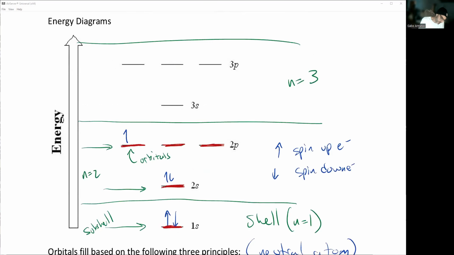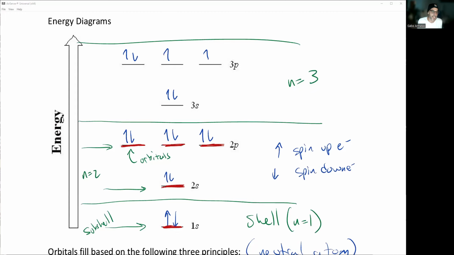So here I have my first electron. We found out the second one goes here. The third one goes there. Hund's rule basically says fill up as many orbitals as you can before you start to pair. Okay, so where does the next electron go? Right there, boom, and this is how we fill up.